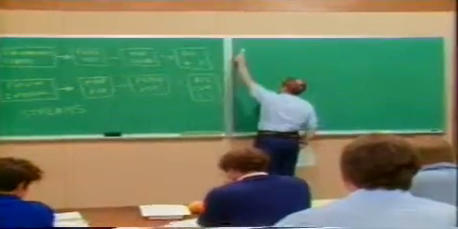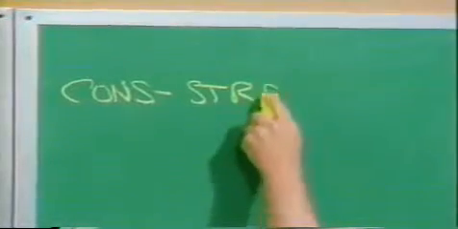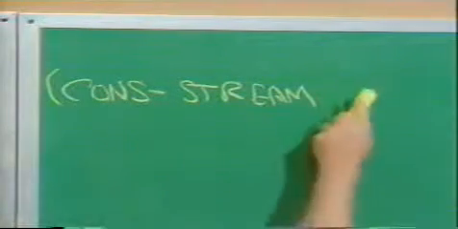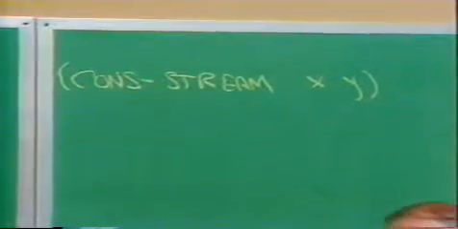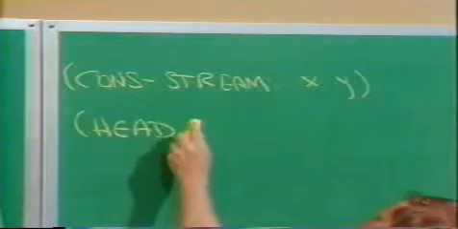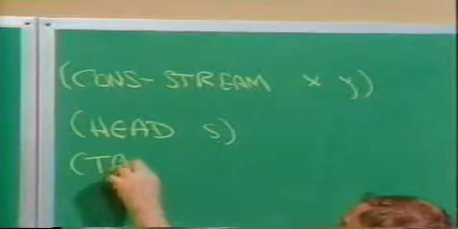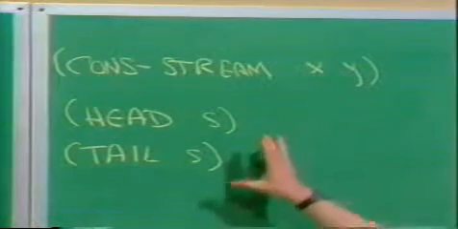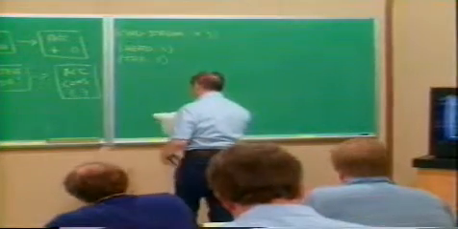For a stream, we're going to have one constructor that's called cons stream. Cons stream is going to put two things together to form a thing called a stream. And then to extract things from the stream, we're going to have a selector called the head of the stream. So if I have a stream, I can take its head, or I can take its tail. And remember, I have to tell you the contract here, the axioms that relate these.